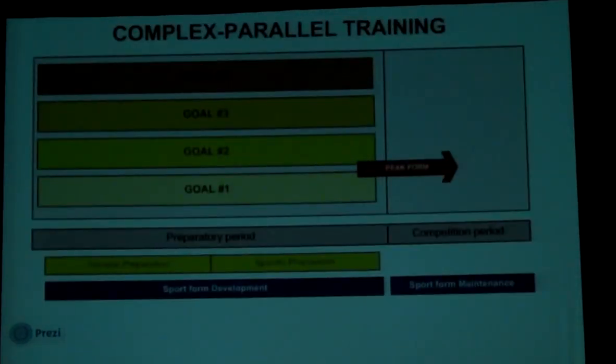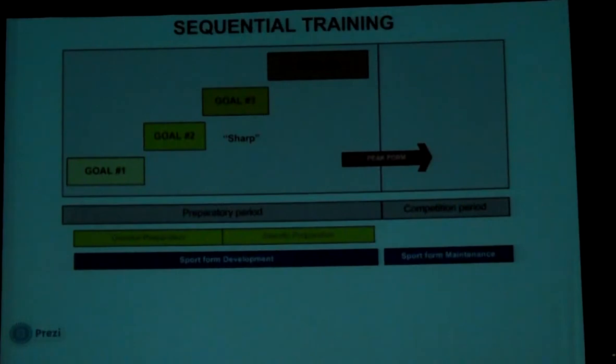So again, if we have different goals we need to develop, most of you who held the lectures today said these are the components we need to develop, and then you need to decide how you are going to develop them. So you might prefer a parallel approach where you develop all of them together, or something like a sequential approach.